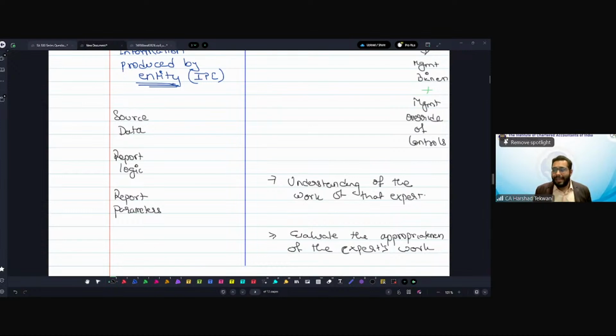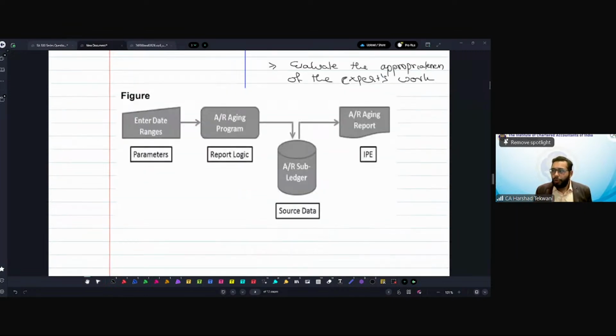So these are the 3 basic parameters that I check for the IPE report: source data, report logic, and the report parameters. If I show you an example of how it works with accounts receivable, this flow chart will help you understand how the logic works behind the scenes.